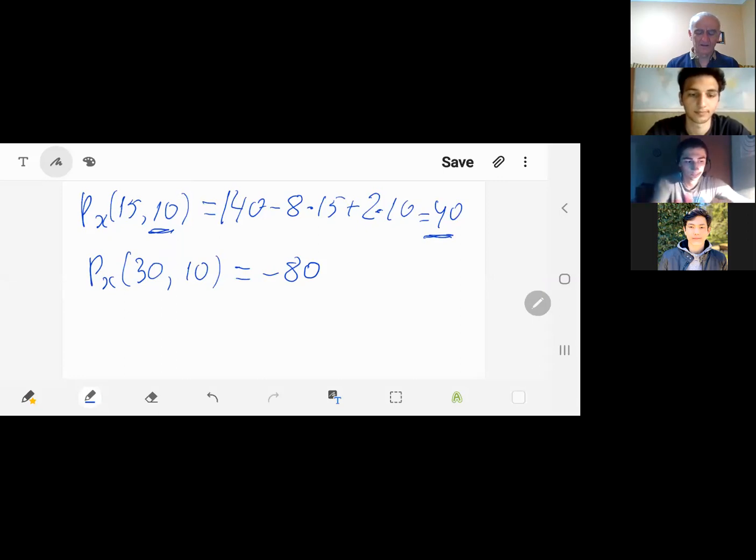When we hold production of dark chocolate at 10 and do not change it, and at the level of 30 white chocolates we increase production of white chocolate, profit will decrease by 80 units.